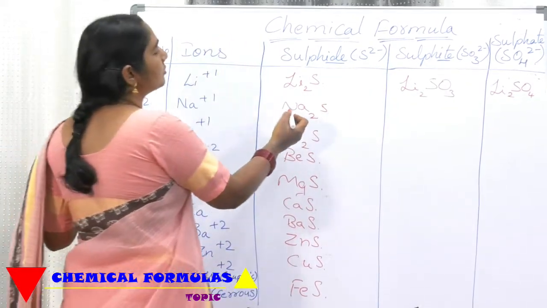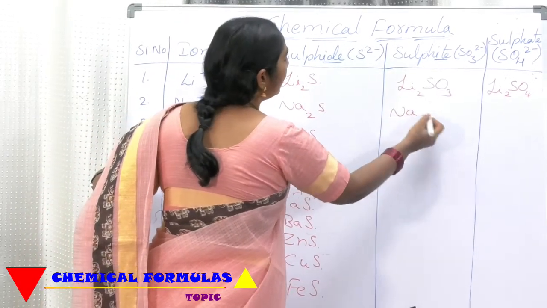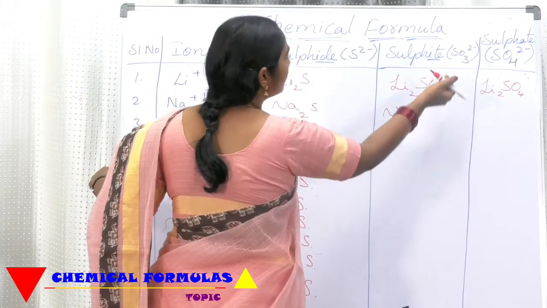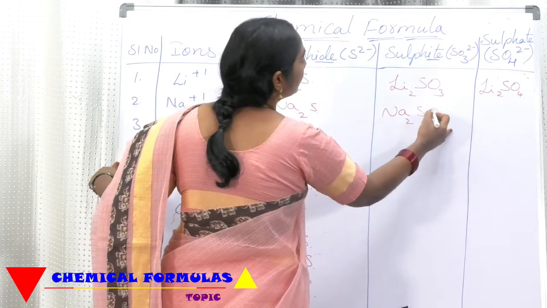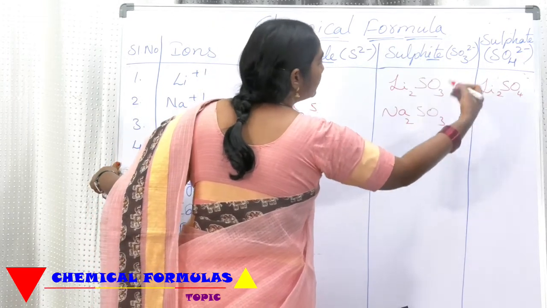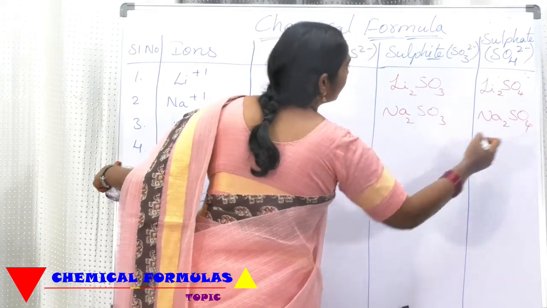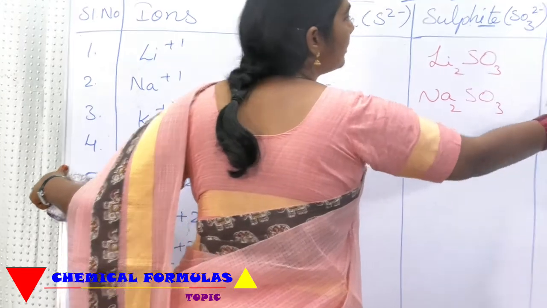Right, here also sodium sulfide. I am not telling in detail again. Now you can write along with me. Na2, because the 2 valency of sulfite is coming over here, SO3. Sodium sulfate Na2SO4. You understood why? Because this 2 is coming here, this 1 is going there.